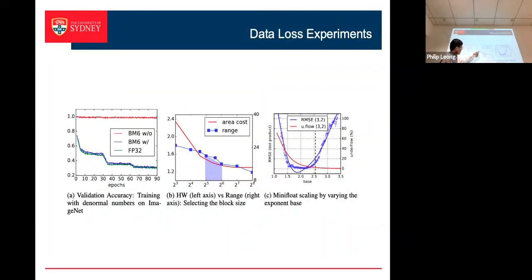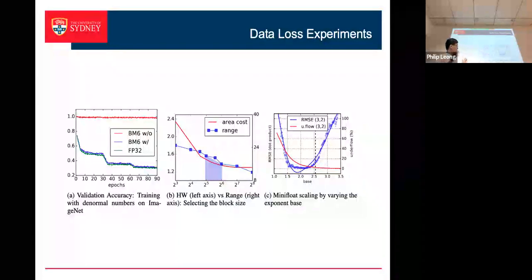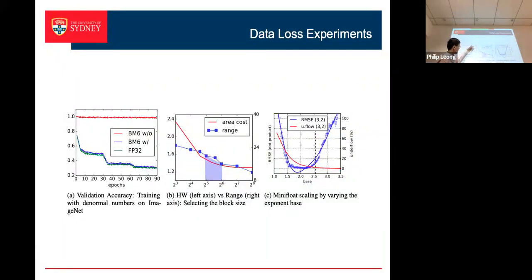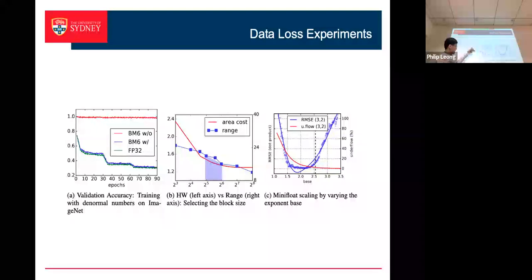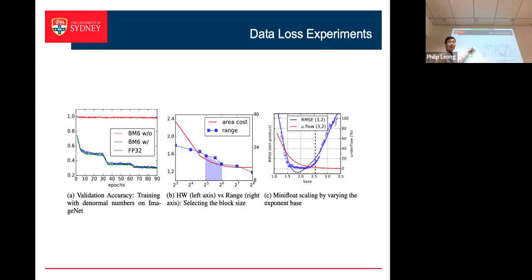And the blue dots here show you the range that the tensors actually take. This is the dynamic range while you're doing training. We wanted to work in this area where the area starts to flatten off, so we get the best area efficiency. This is 2 to the 5, this is 32 and 64. We actually operate in here at 48, so that means 48 by 48 blocks.